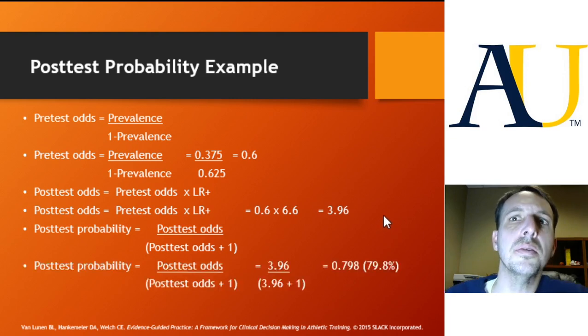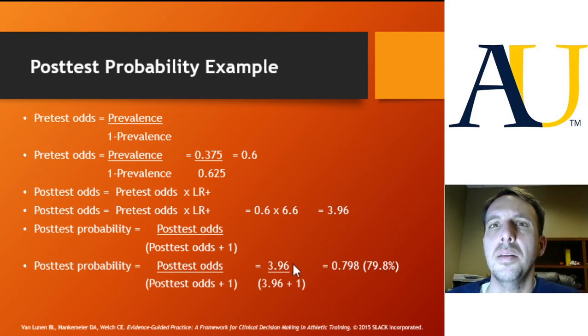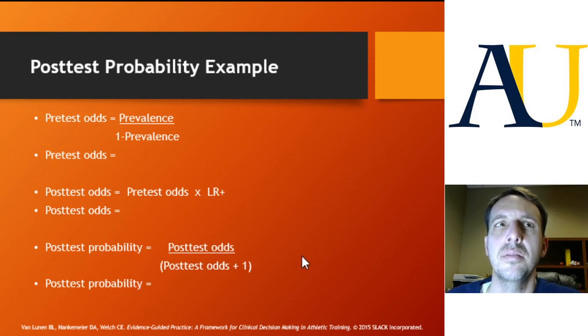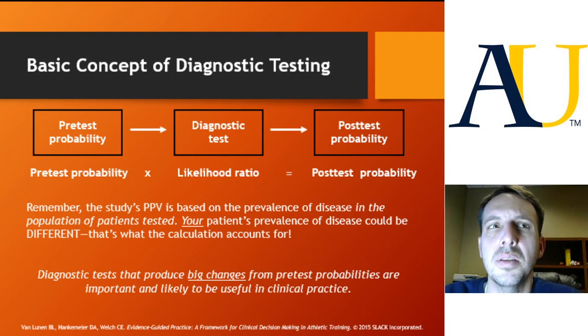Right? And so our post-test probability in this case would end up being right around that 80% confidence that we believe this individual has that. And you can calculate these examples and continue to look at this idea of how this works in real life.